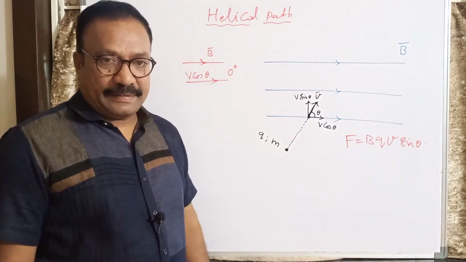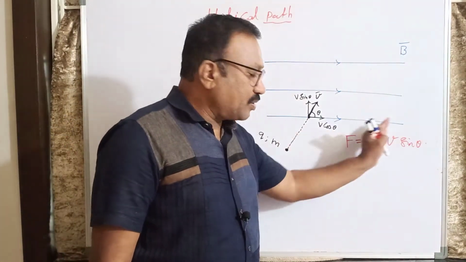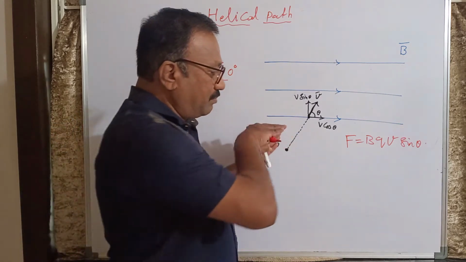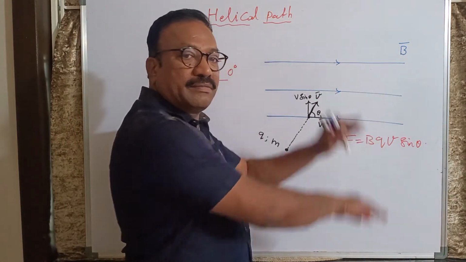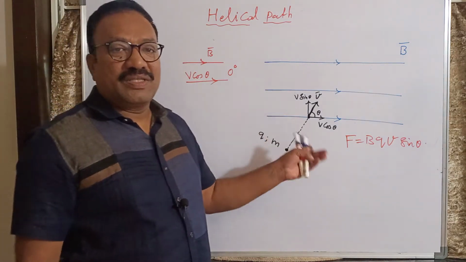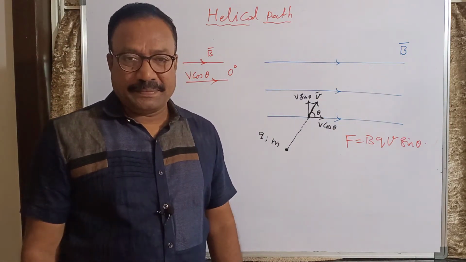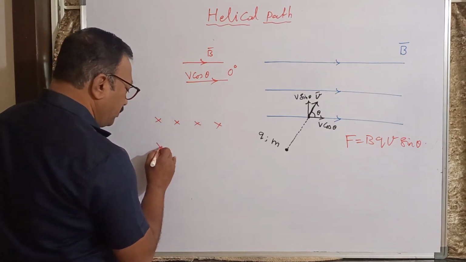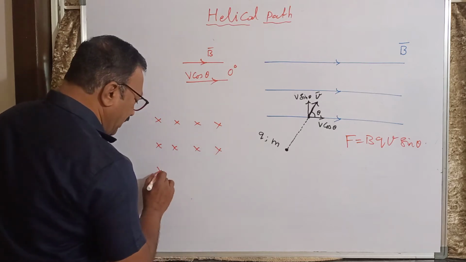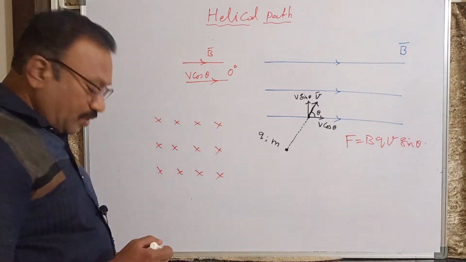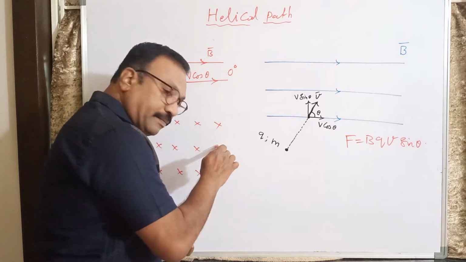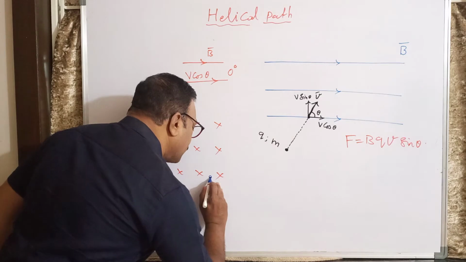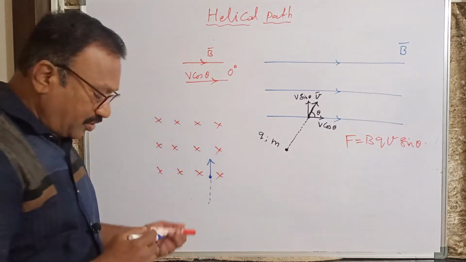Coming to V sin theta. This is the direction of magnetic field, B bar, and this is the velocity component V sin theta. They are perpendicular to each other. That means the velocity is perpendicular to the magnetic field. We also discussed in part 1 and part 2 that when the magnetic field is inward, the particle is entering like this with some velocity.